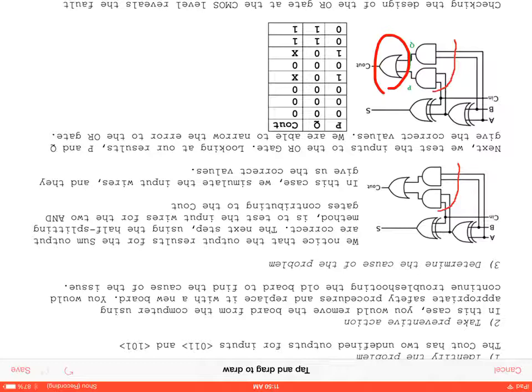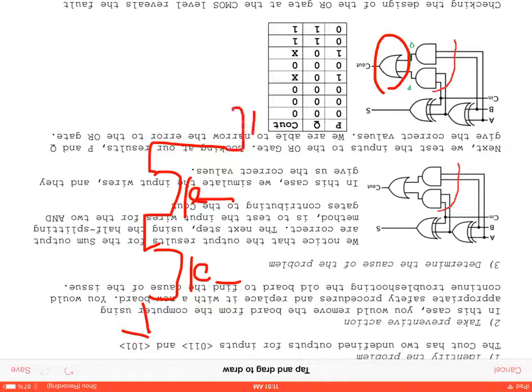Think about the design of a OR gate at the CMOS level. What's going on there? What does it look like? Two PMOSs in series. Yeah, so we have two PMOSs in series, right? Two NMOSs in parallel.